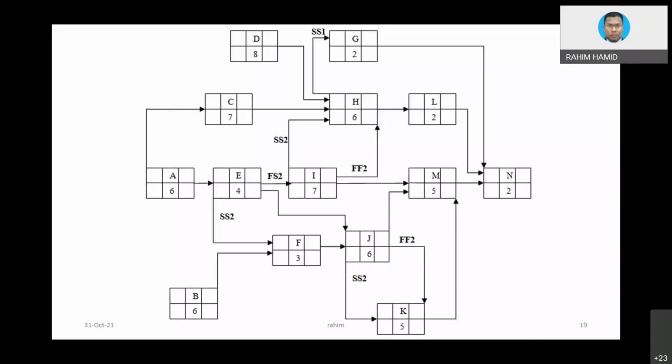If you look at this example, you notice that between I and J there are two relationships, SS plus 2 and FF.